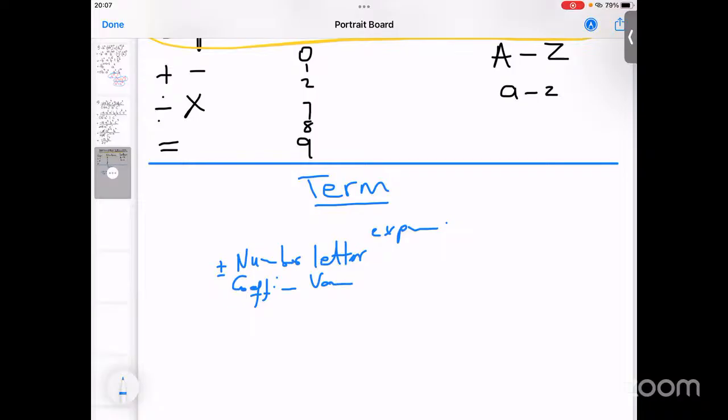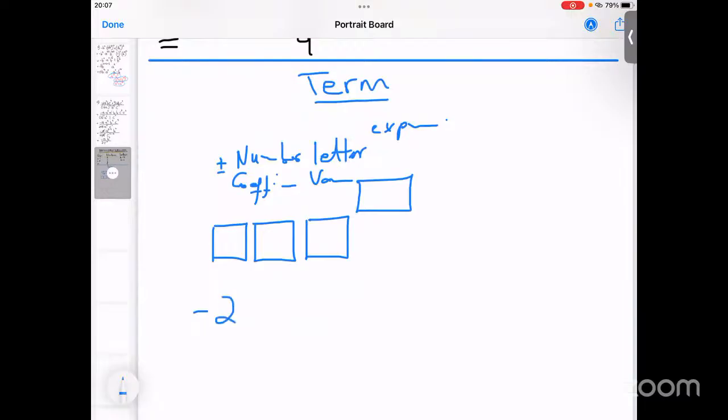In other words, we have the sign followed by the coefficient, followed by the letter, and then lastly, the exponent. An example would be something like negative 2k, which means the sign is that negative, the number or the coefficient is 2, the variable or letter is k, and then the exponent will be an invisible 1.